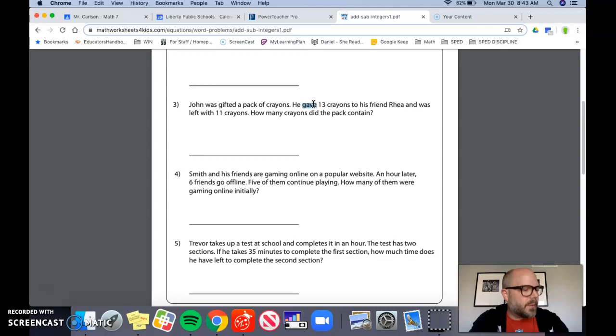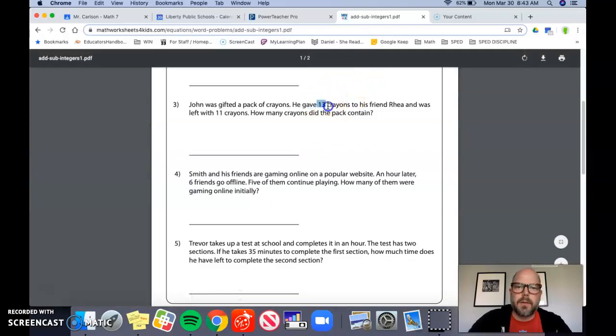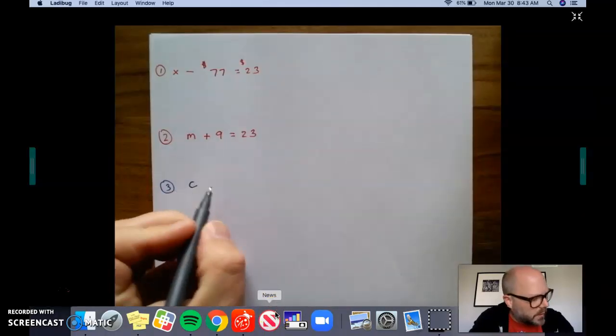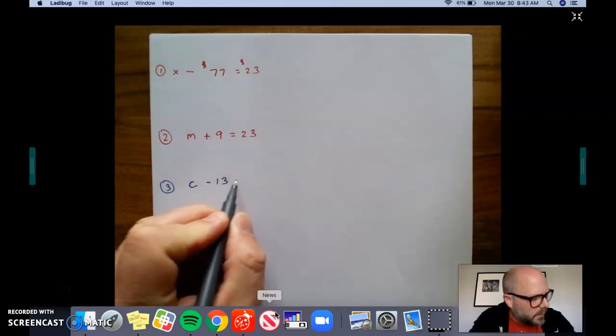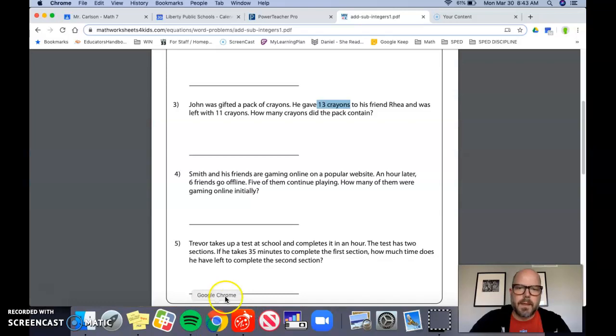We don't know how many were in the box, so I'm going to use C. And then he gives away 13 to his friend. So I'm going to take away 13 from what he starts with. And after he gives away those 13, he's left with 11.